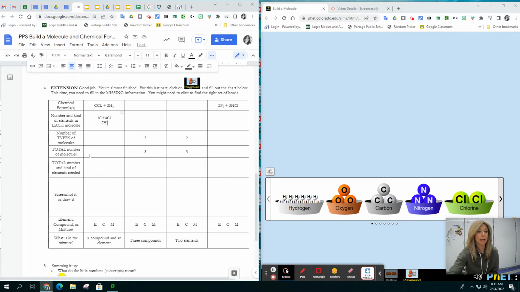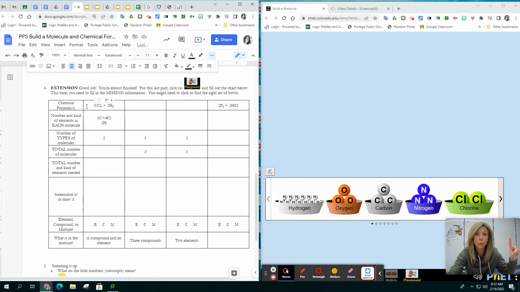So now let's talk about the number of types of molecules. When I look up here, that's one type, CCl4. That's another type, H2. So we have 2 types of molecules. But the total number of molecules, well, we have 1 CCl4, so that's 1 molecule.